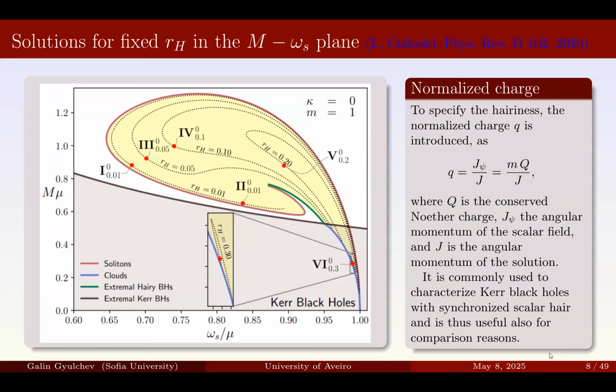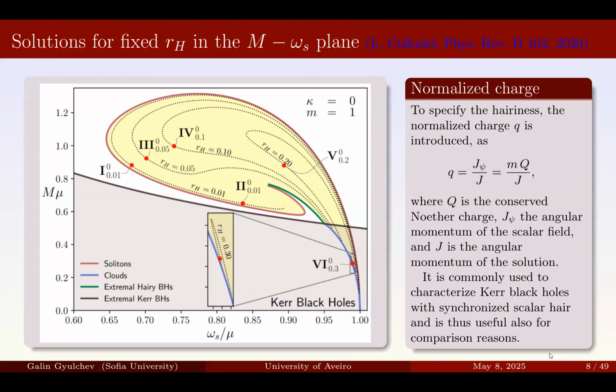We choose it also because we are familiar with this parametric space, so I believe it's not necessary to explain carefully what we see here in this picture. But for example, we know that this black one here represents black hole solutions. Here with this green one, for example, we get the extremal black hole solutions with scalar hair.